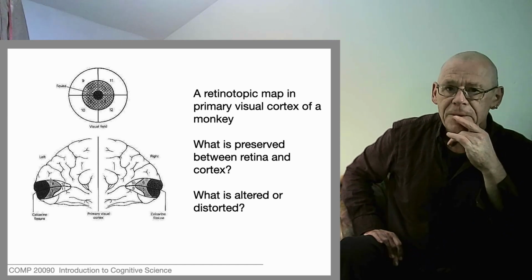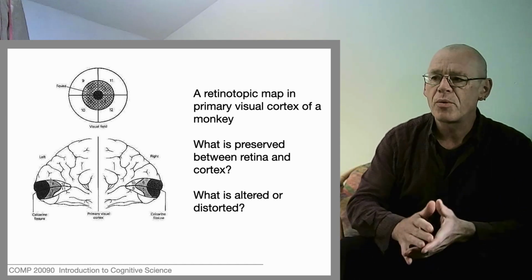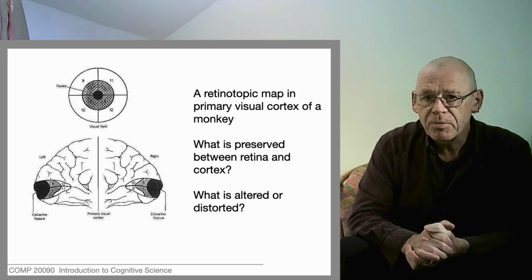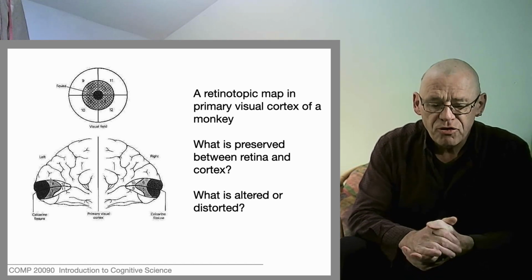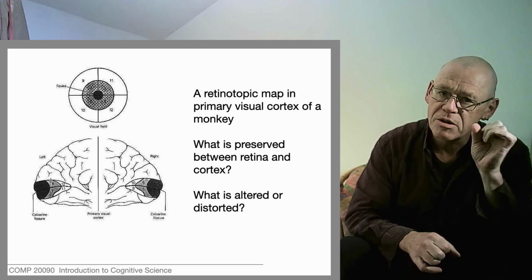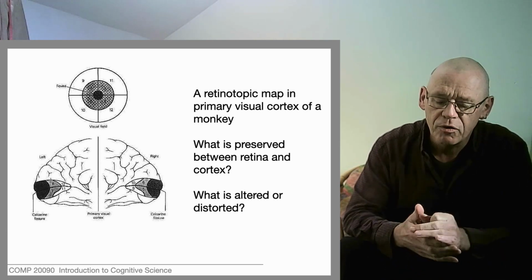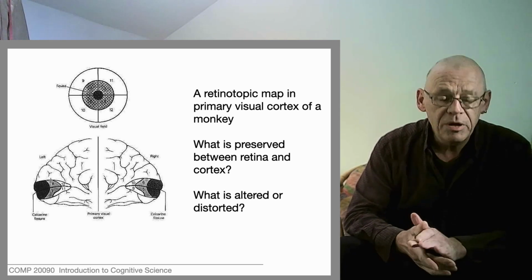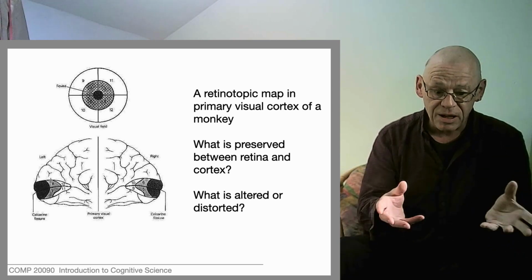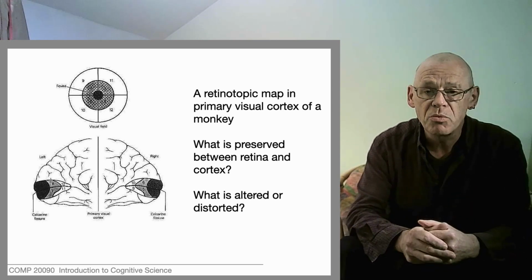Now notice what's happened though. This is not a straightforward mapping. It's not like a mirror, like an image in a mirror. If we look at primary visual cortex, fully half of the area of primary visual cortex connects to that very much smaller area of the fovea on the retina. Meanwhile, the periphery, which is much larger in the retina, is shrunk down to be a very small part of primary visual cortex.